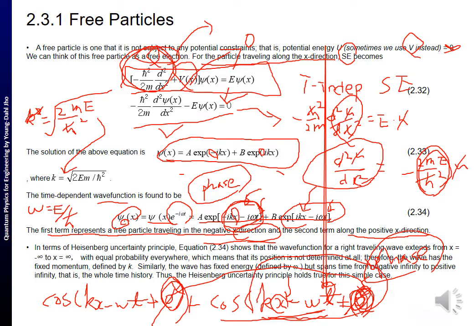Depending on the difference between phi prime and phi, we might have constructive interference or destructive interference. That's very important in wave description, so that's why I'm talking about this value within parentheses.